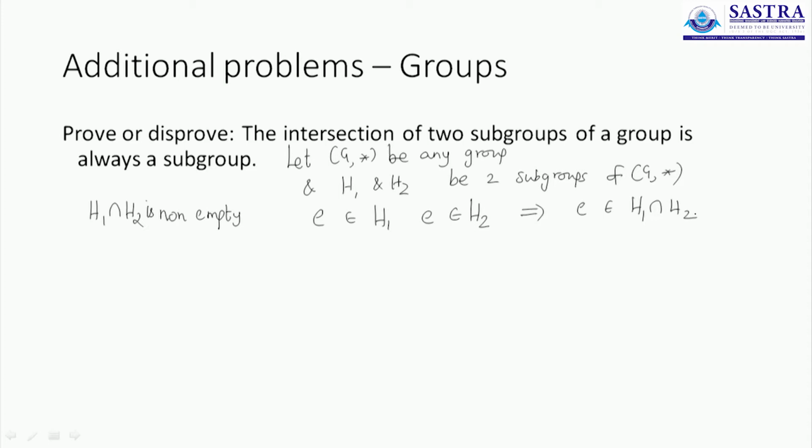We have reduced those 4 conditions to 2 or 1 to reduce our task, but still the 4 conditions will hold for any subgroup, and one of those 4 conditions is that the identity element should be part of the set, and therefore this will always be part, and hence H1 intersection H2 is non-empty. It's not an empty set, it has at least one element. Maybe it will have more, but it will always have one element.